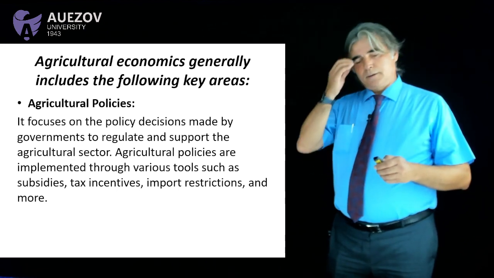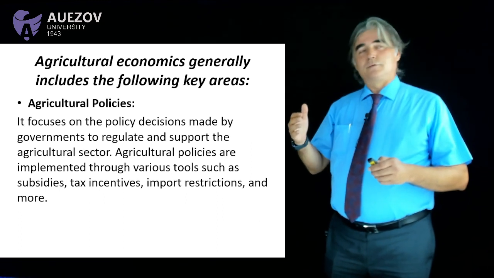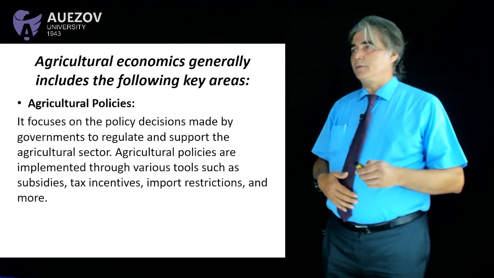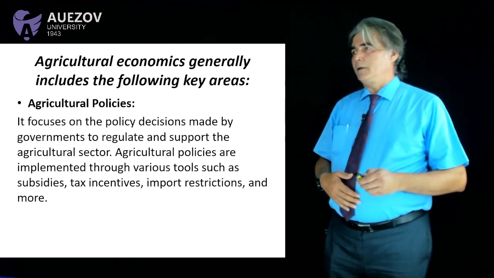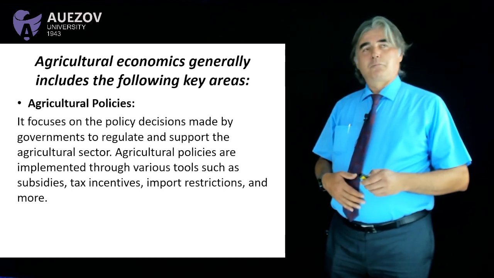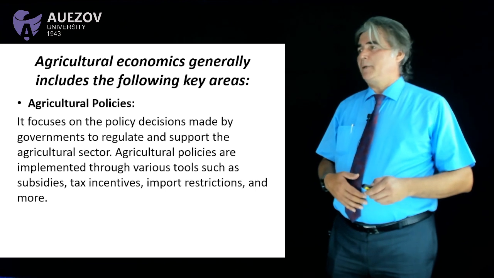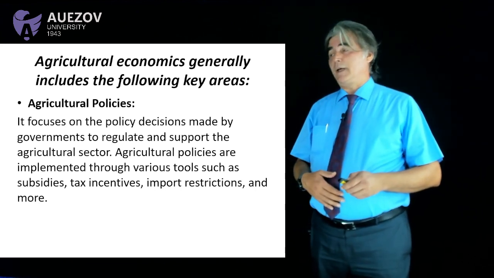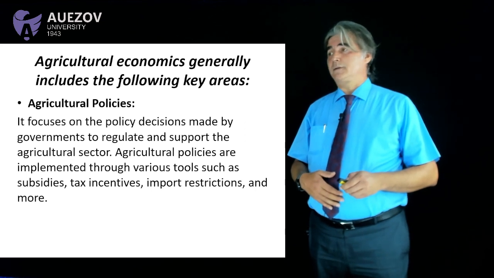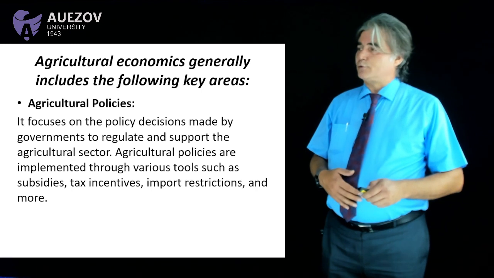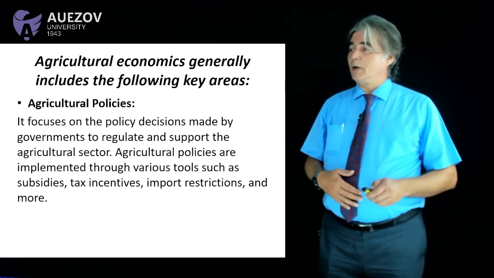So they may support farms to increase their income, and we try to analyze these subjects. Agriculture policies are implemented through various tools such as subsidies, tax incentives, import restrictions, and this type of instrument the government also uses.